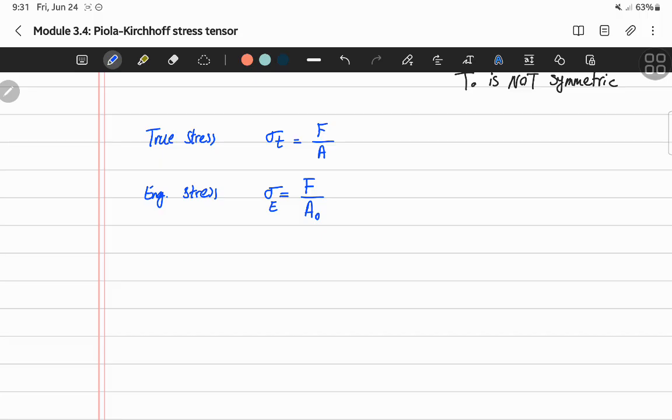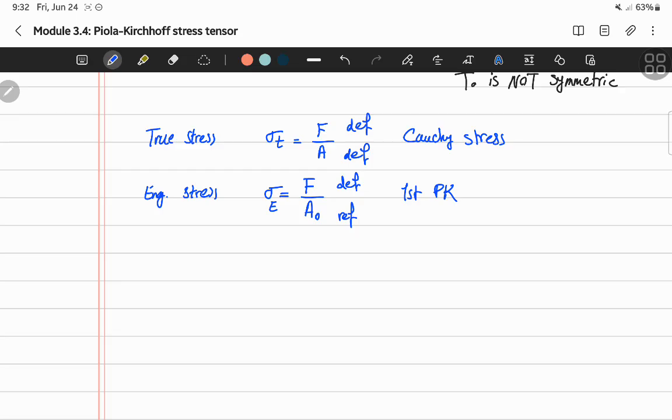But overall, what I'm saying is that this is basically the area in the deformed state, and also this is the force in the deformed state. So this is the same as Cauchy stress, and here F was in the deformed state, and here we had A0 in the reference configuration. So basically this was the first Piola-Kirchhoff stress tensor that we used in mechanics of materials to calculate the stress.